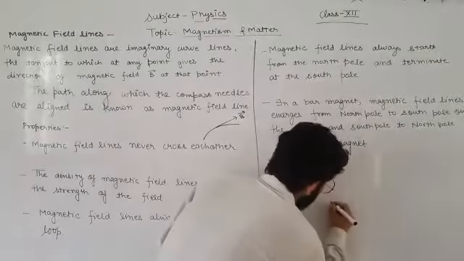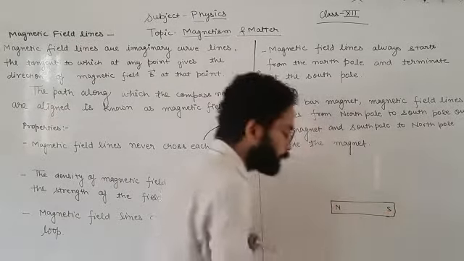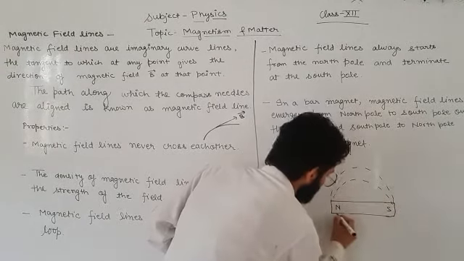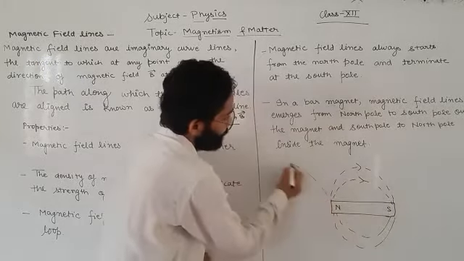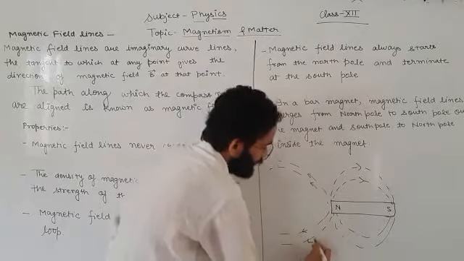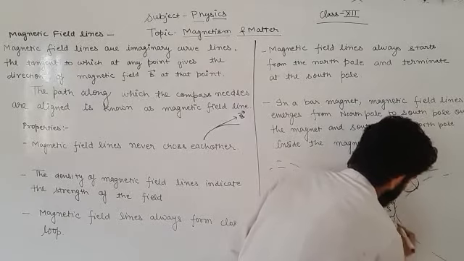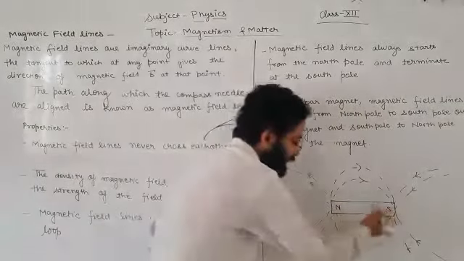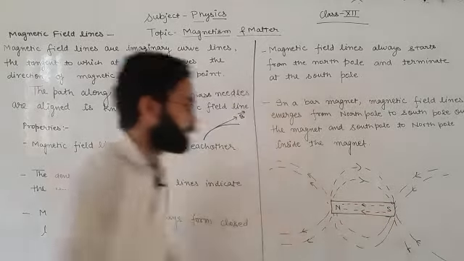Let us see here. If I am making a bar magnet, it has two poles. This one is the north pole and this one is the south pole. Then the magnetic field lines can be outside the magnet like this, and the direction would be north pole to south pole, and inside the magnet it is given like so.